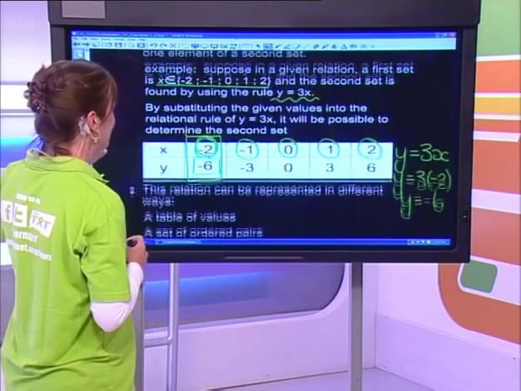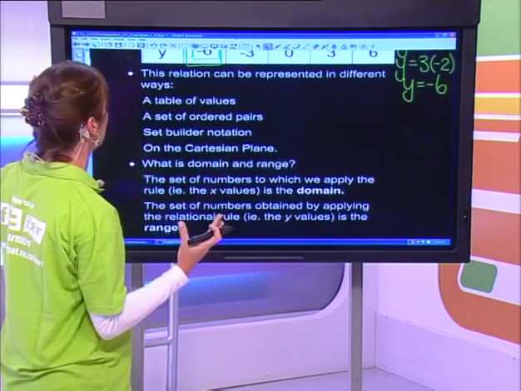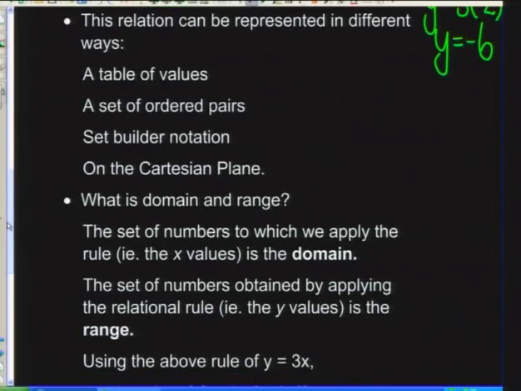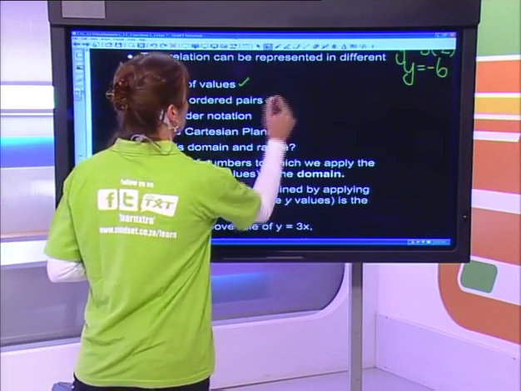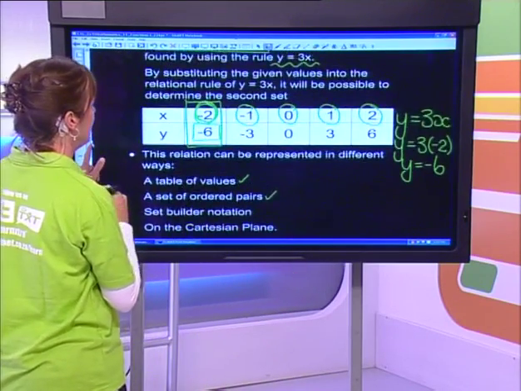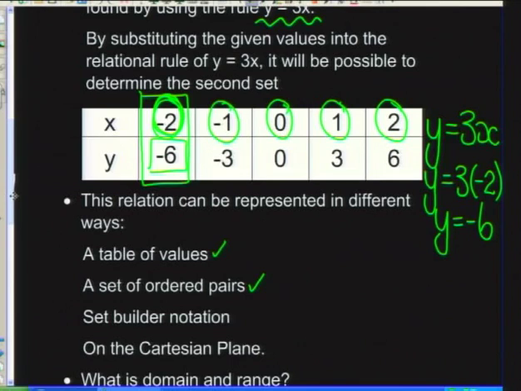Here are different ways of representing a relation. We can do it by means of a table, just as I've illustrated above. We can show relations in terms of ordered pairs: instead of having it this way, I would have a bracket and show that it's (-2, -6).